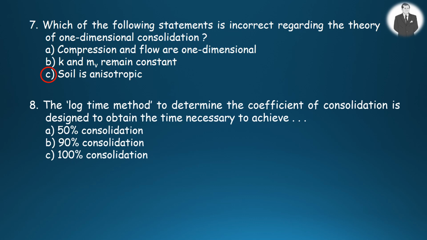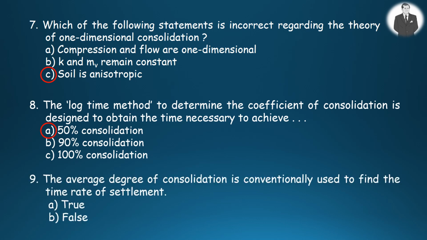The answer is A, 50% consolidation. Remember that the log time method is one of those methods to determine the coefficient of consolidation. And the final question: the average degree of consolidation is conventionally employed to find the time rate of settlement. True or false? Yes, you got it. The answer is A.